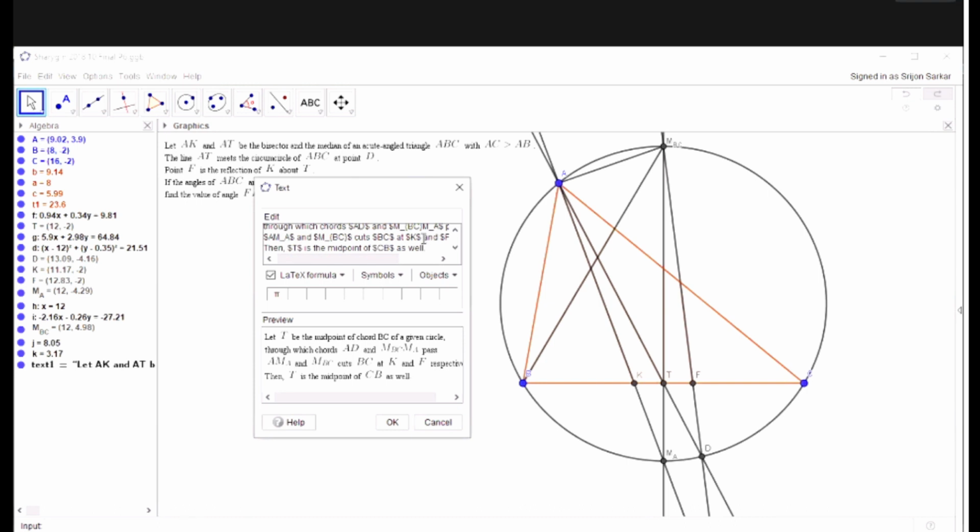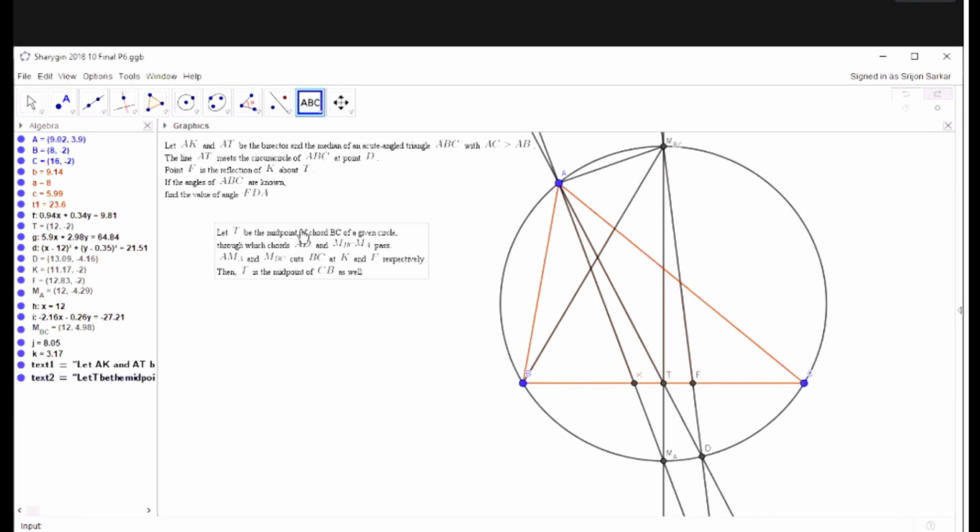Okay, so this is the statement, I guess. You have the midpoint of some chord, then through that there are two other chords, and after that you mark the intersections of points, like here A and M sub A, the segment AM sub A with the segment BC as K, and likewise for the other one.